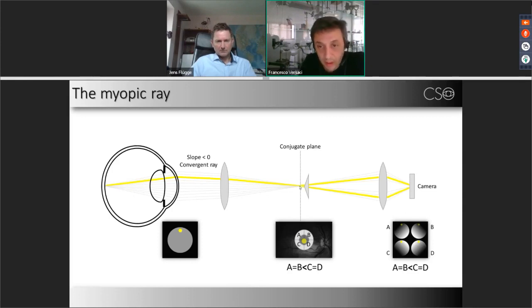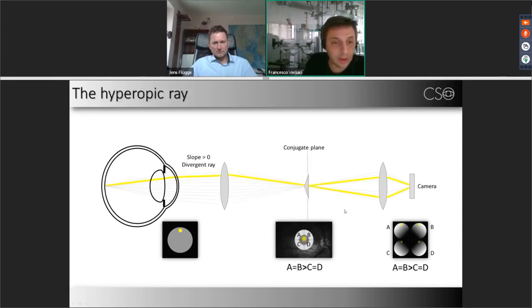This means that this ray is going to hit the pyramid not in the center, but a little bit below, which means that the C and D faces will receive more energy than A and B, and this means that the C and D points on the sensor will be brighter than A and B. The other way around, with a hyperopic ray, the focus will be behind the vertex of the pyramid or inside the pyramid, and A and B will be brighter than C and D.